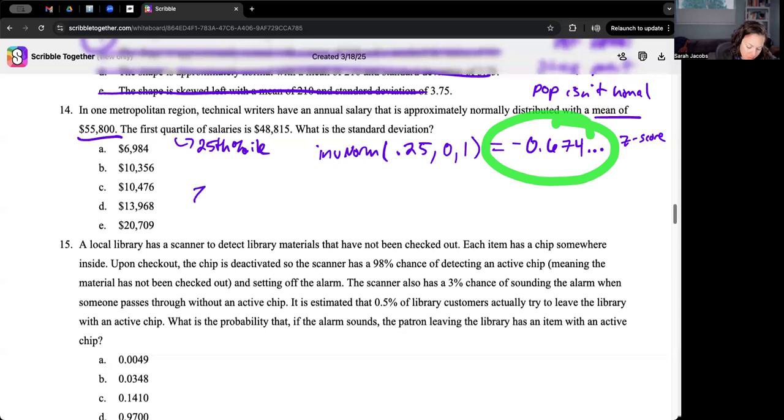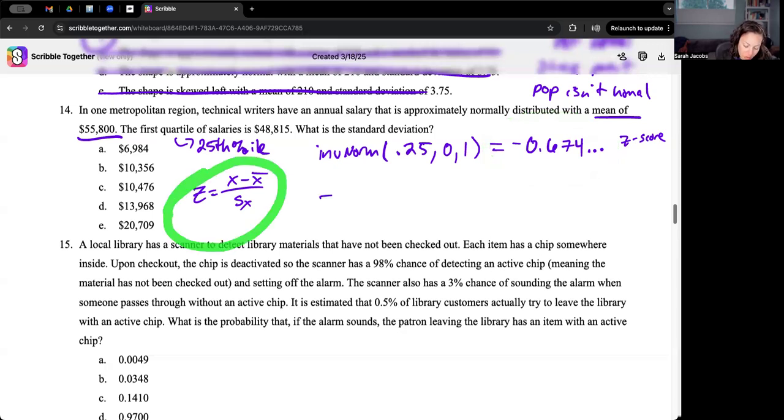And then to find a z-score, we take our actual minus mean over the standard deviation. We now know 3 of these 4 variables. We know that the z-score is negative 0.674 dot, dot, dot. Just leave that in your calculator. Don't clear it out. We'll pull it in a second. And then our actual was 48,815. Our mean is 55,800.